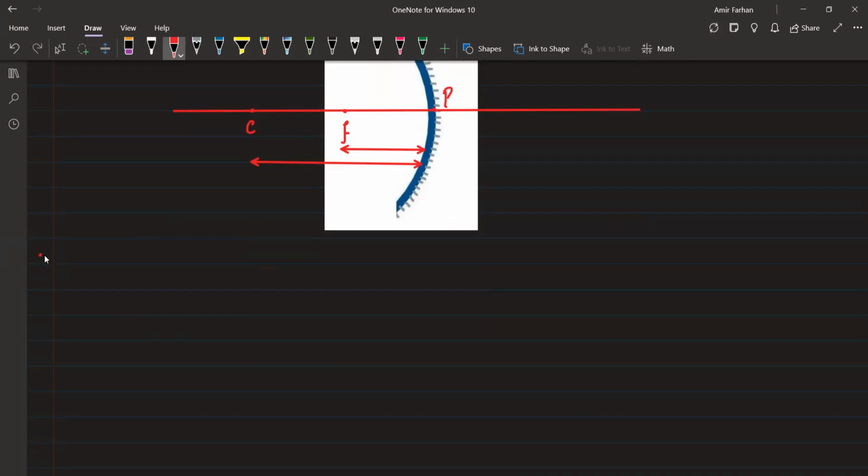Basically that is concave. So concave is converging, not diverging, it's converging.